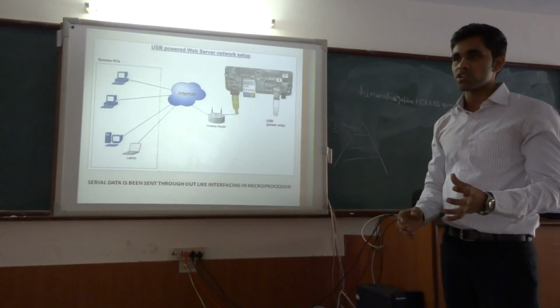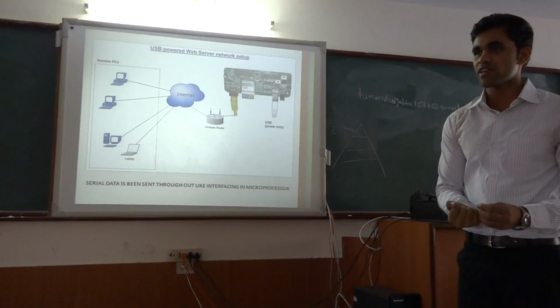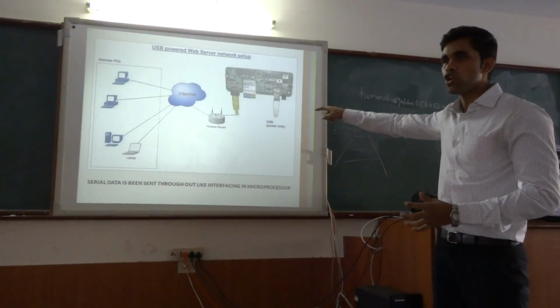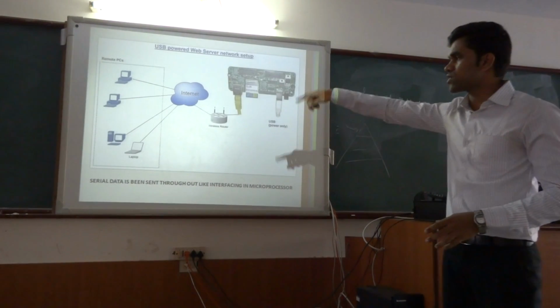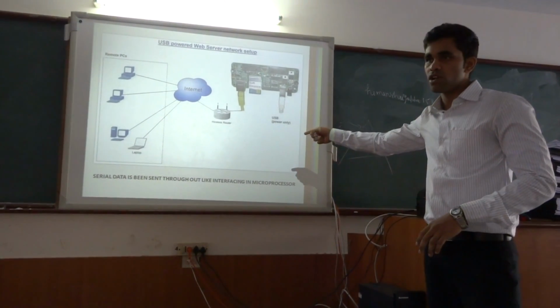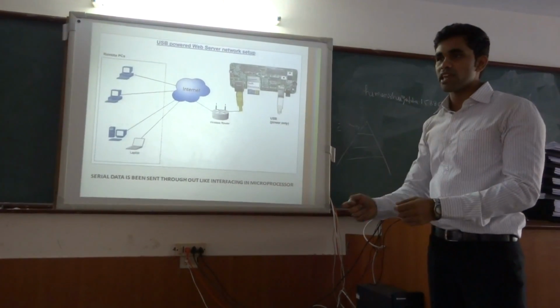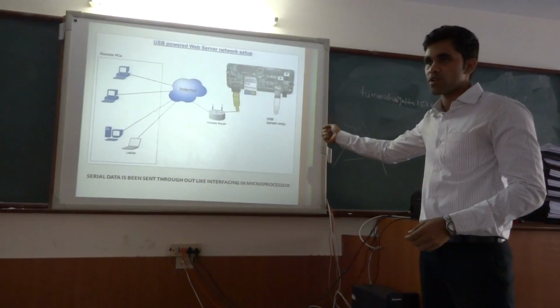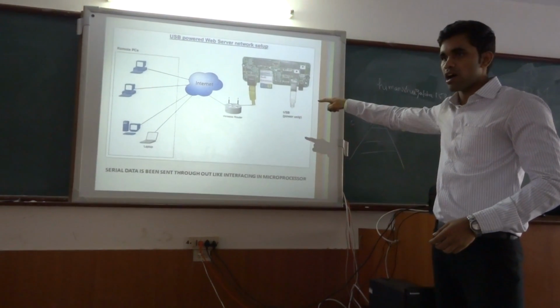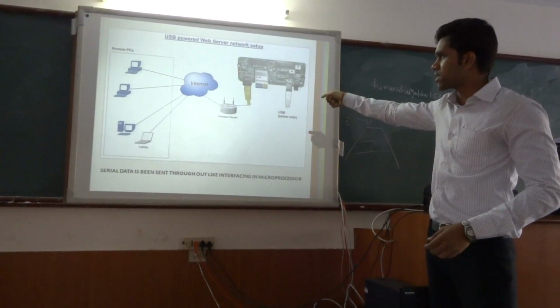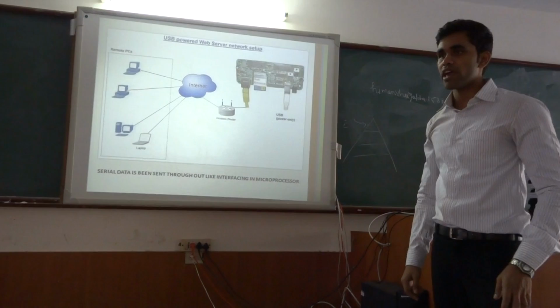At the serial port, instead of a wired serial communication device, I am going to keep my Zigbee transmitter, so that the serial data is transmitted wirelessly to any receiver side which is enabled. First of all, we enable the Wi-Fi device with the web server device. Once it is enabled, all the serial data will be sent from the Zigbee connected to the laptop, and it is received by the device which is enabled for it.